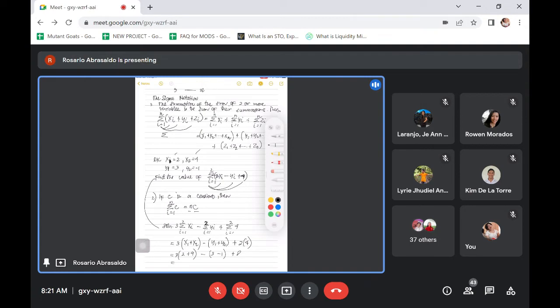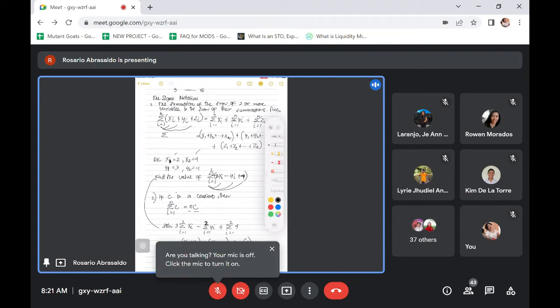Therefore, 6 times 3 is 18, minus 3 minus 1 is 2, plus 8. 18 minus 2 is 16, plus 8, so the answer is 24.